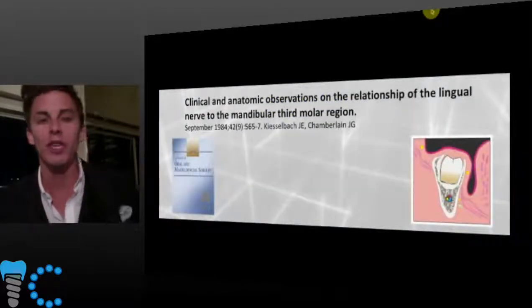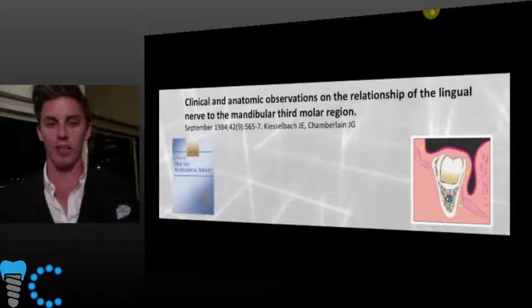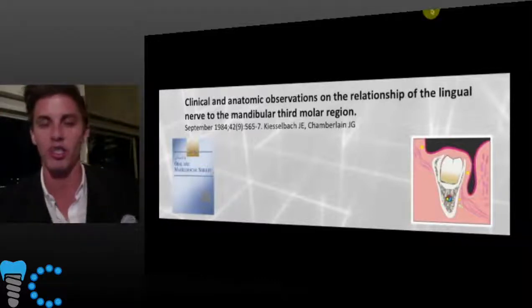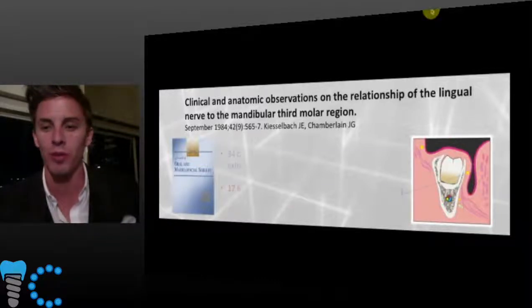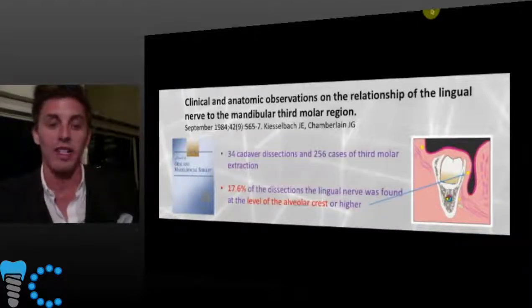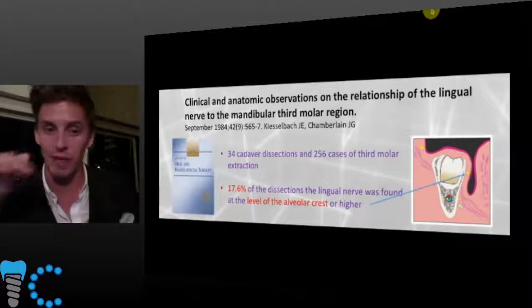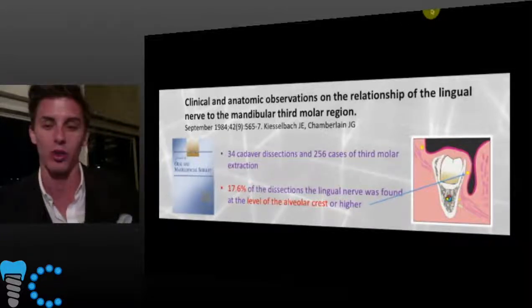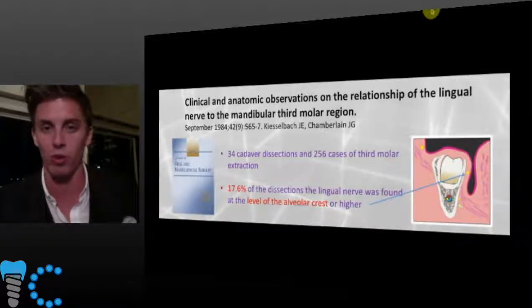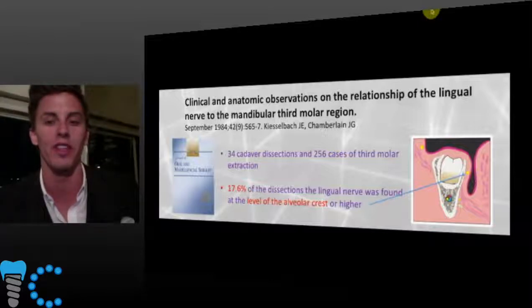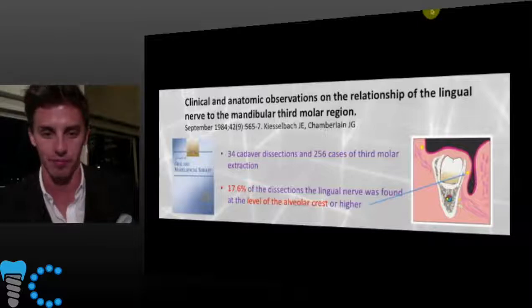So reviewing the article, Clinical and Anatomic Observations of the Relationship of the Lingual Nerve to the Mandible, this is where they saw about a 17% chance of the lingual nerve being at the level of the alveolar crest. And the medical illustration on the right shows us that that is the lingual nerve within the soft tissue envelope.